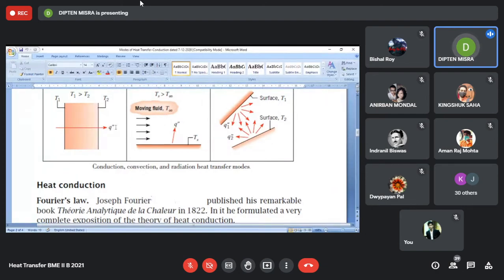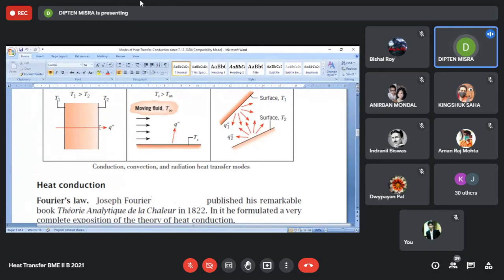Surface also is a vector quantity that has some magnitude and some direction. What do we mean by the direction of the surface? That is, what is the direction of the normal to the surface. The direction of the normal to the surface is the direction of that surface. So surface also is a vector quantity, just like that. The heat flux also is a vector quantity. It has a direction which should be normal to the surface.